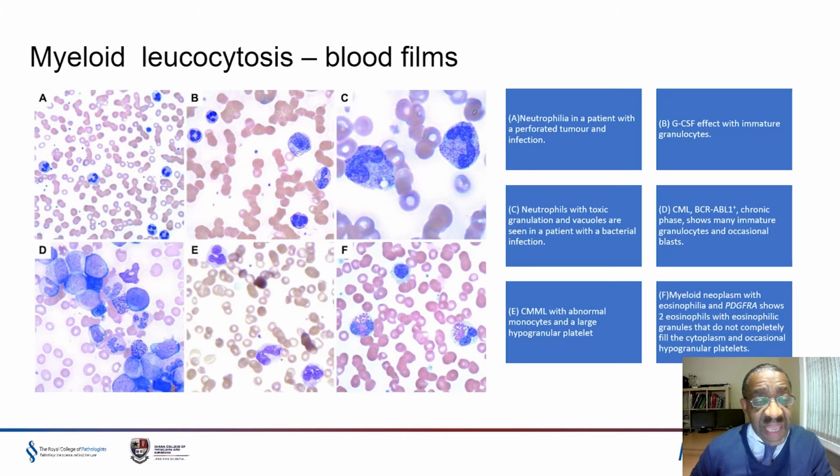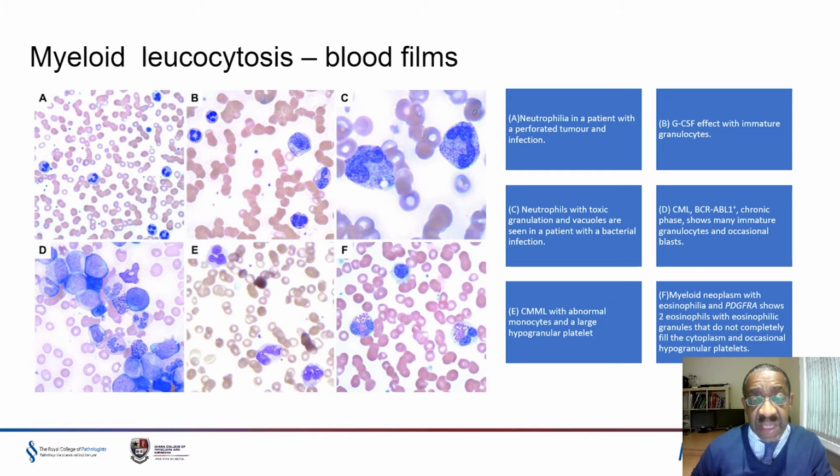So this image shows various disorders of the myeloid series, various disorders that cause a raised white cell count, from A, which is a reactive leucocytosis due to a perforated tumor, to F, which is a very rare disorder unique to the eosinophilic cell line and defined by a particular genetic aberration as part of a syndrome.